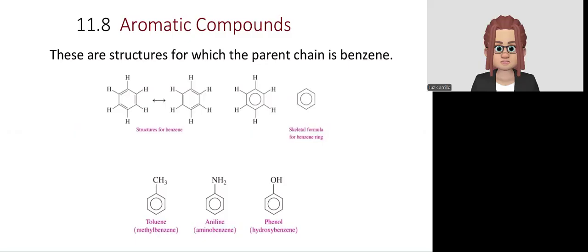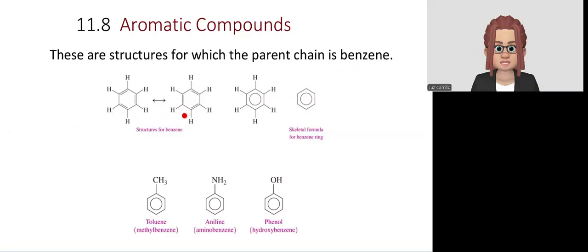To conclude the family of hydrocarbons, let's understand that molecules that have a benzene ring are known as aromatic compounds. So an aromatic compound is not a compound that has aroma. It's a molecule that has a benzene ring in its structure. Benzene rings can be drawn as a hexagon with alternating double and single bonds.